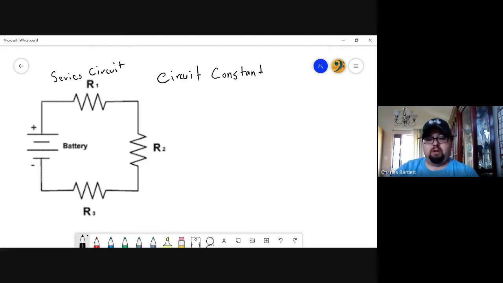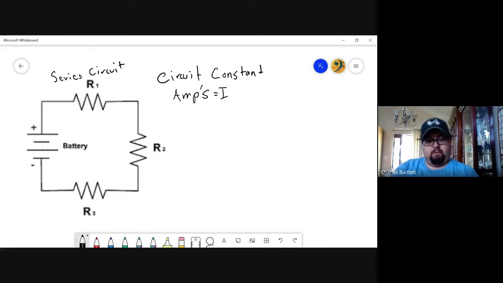And the circuit constant for a series circuit is amps, which goes back to the video. There's a bottleneck, but that doesn't change the volume that is passing through the circuit. The other values on the circuit that we apply, such as voltage, do change. They're not constant. Amps is constant.